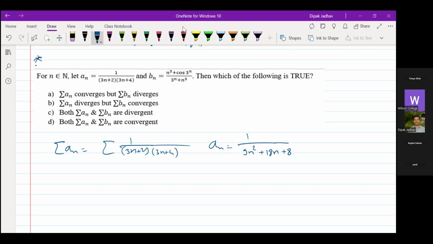Is it okay? What is the relationship between this and 1 by 9n square? Less or equal to.